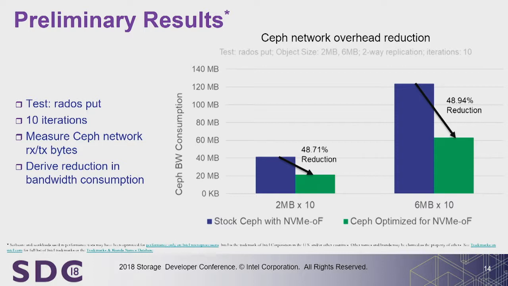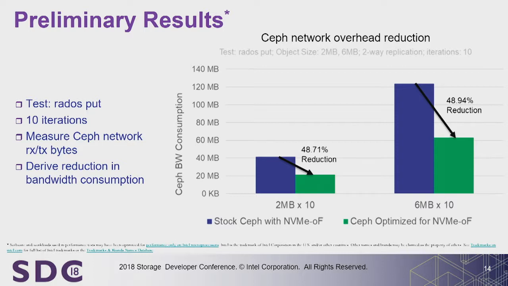And again, this might seem a little more than what we had estimated, but I just want to clarify that what we're showing here is only the Ceph network traffic, right? We are not doing anything to reduce any bandwidth consumption on the Fabric side. That remains as is. But I just wanted to contrast what's different.